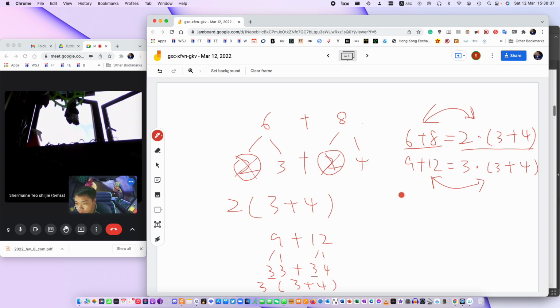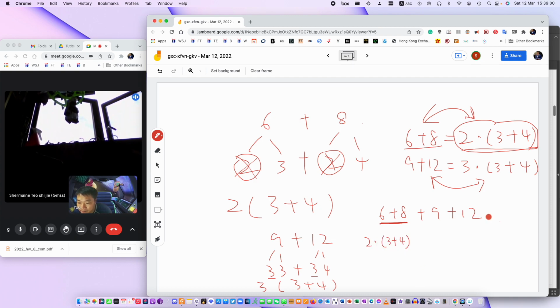So now, the question is 6 plus 8 plus 9 plus 12. Can you replace your 6 plus 8 with this one? So 6 plus 8, you replace it with? 2 times 3 plus 4. Am I right? Then your 9 plus 12, you replace it with? 3 times 3 plus 4.